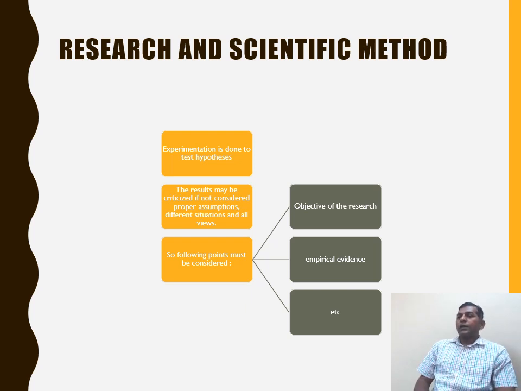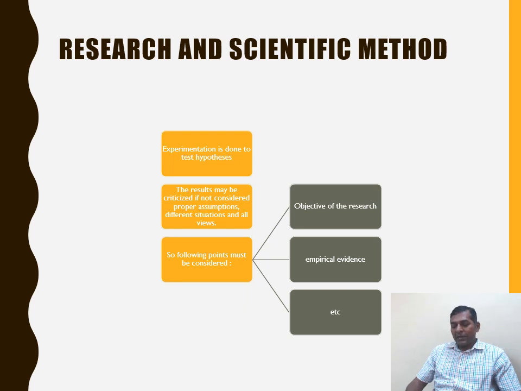Now we understood the importance of research, the research methods. Now let's look at the research and scientific methods used in research. Once we found out the problem, once we know that on this particular problem we are supposed to work on, so this is what the research topic is, then we will find data and experimentation is done.